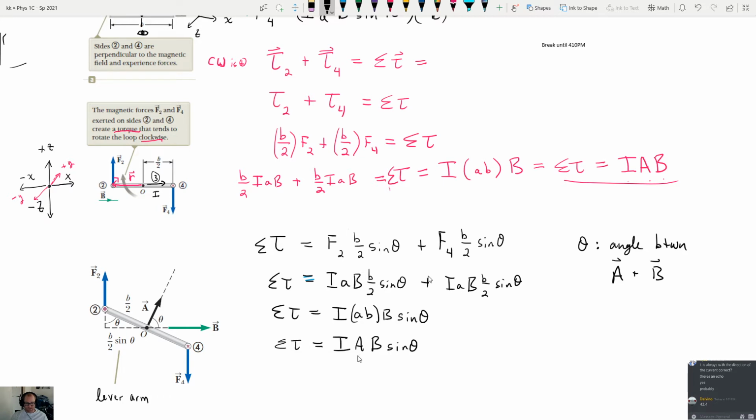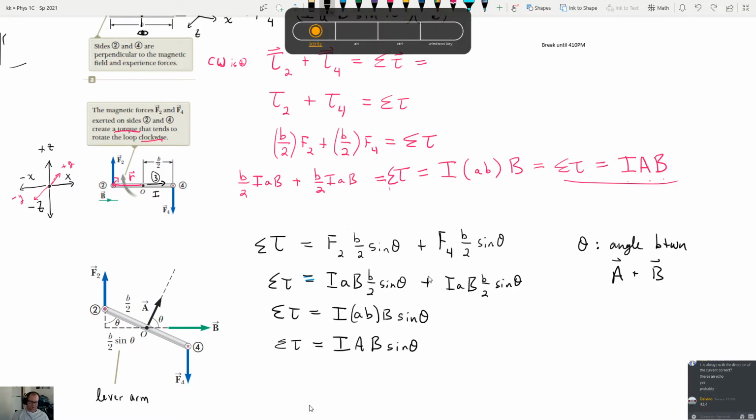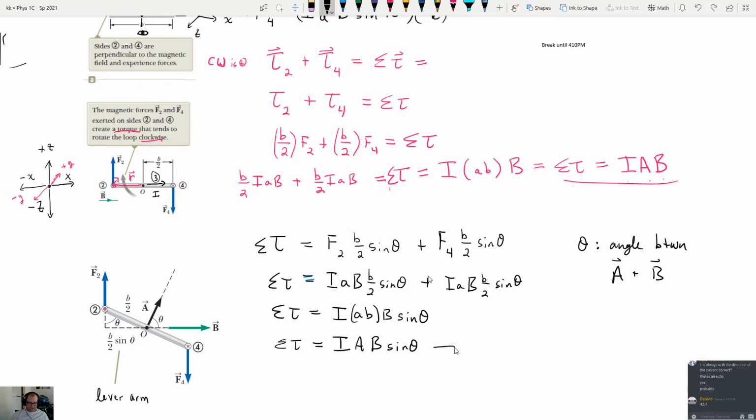But we are going to manipulate this a little bit because we're going to define a new quantity. So in order to do this, let's take this piece right here, okay? In fact, I want to make one other statement right here. So this would be the answer if there was exactly one loop of wire.